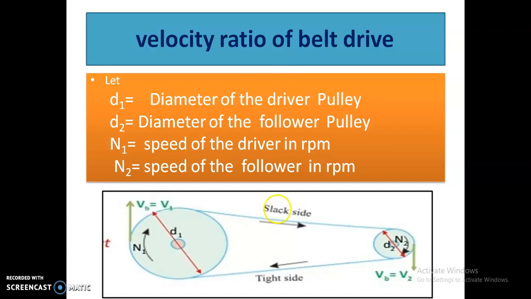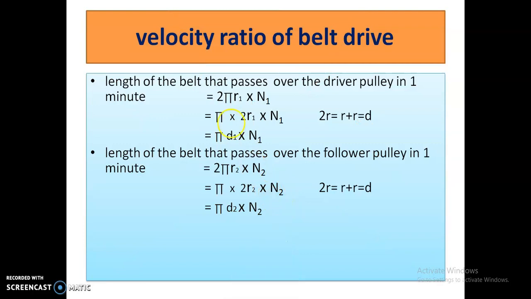The length of the belt that passes over the driver pulley in 1 minute is equal to 2 pi r1 into n1. Here 2 pi r1 is the circumference of the circle, and n1 is the number of revolutions made by the driver pulley.